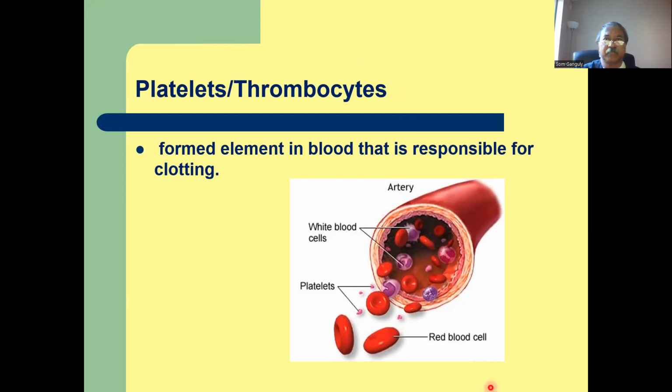As you have seen, the platelets come to the area of bleeding where there is a cut. They come and plug that gap, seal that bleeder by generating clot formation. So platelet is a substance that is required for natural clot formation.